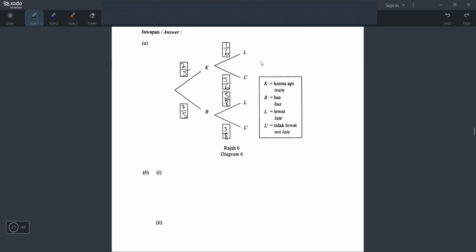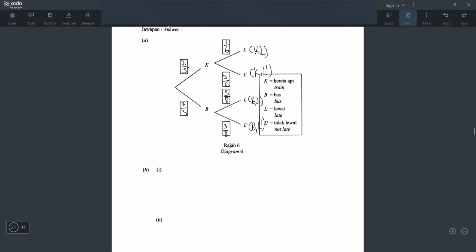Right? So now I already know all the possibilities, right? So all the possibilities: train late or train not late or bus late or bus not late. So these are all the possibilities. And let me tell you, if you add all probability of all these, what you get?